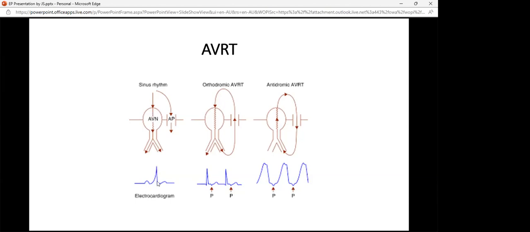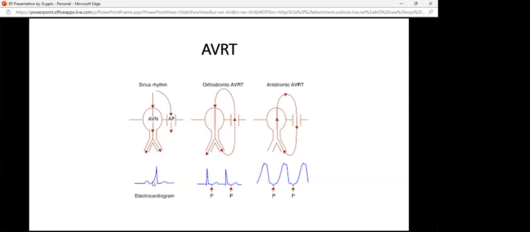And then you also get this kind of fused signal, because it's fusing with the anterograde conduction through the AV node as it goes down the His-Purkinje system. So you begin with this quite broad looking signal, which is thanks to our accessory pathway. And then we're followed up with a relatively sharp looking signal, which is as it goes down the His-Purkinje system. So you end up with this kind of fused looking delta wave, which is classic for WPW.